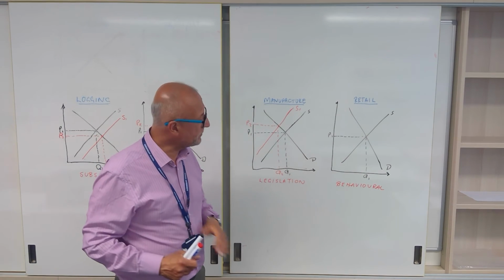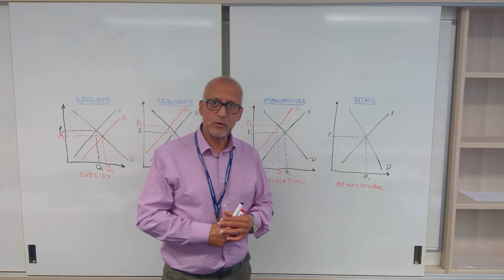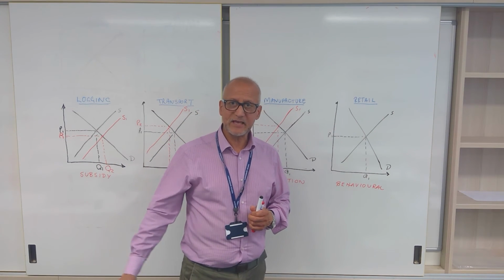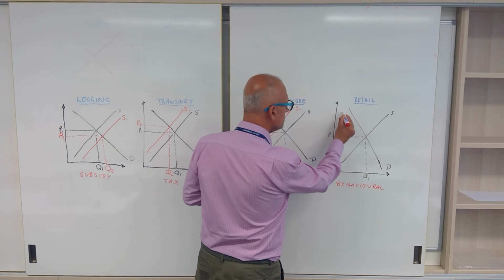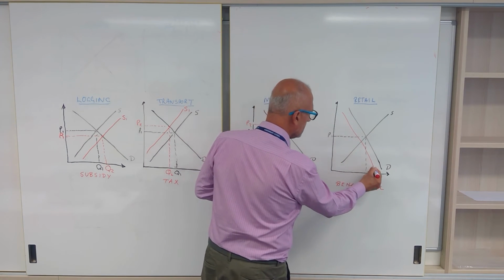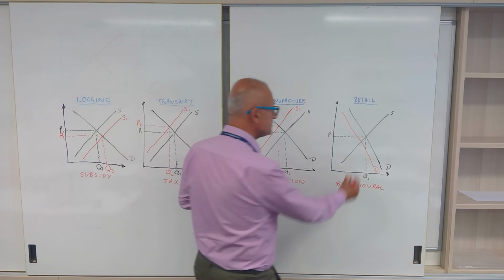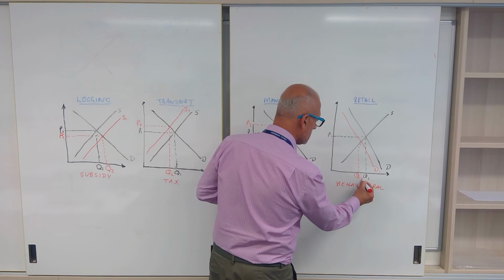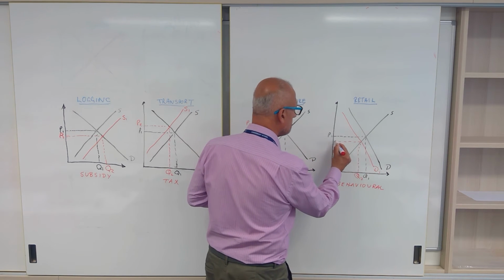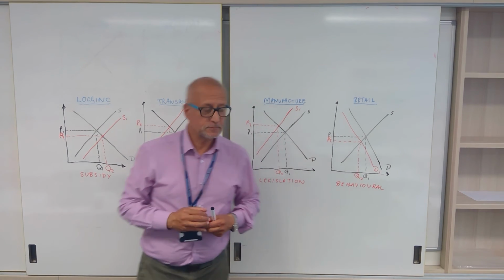If that was to happen, then the demand for this rather eco-unfriendly glasses case would fall. And if that happened, then the demand curve would shift to the left. And the quantity bought would go down to Q2 and the price would come down also.